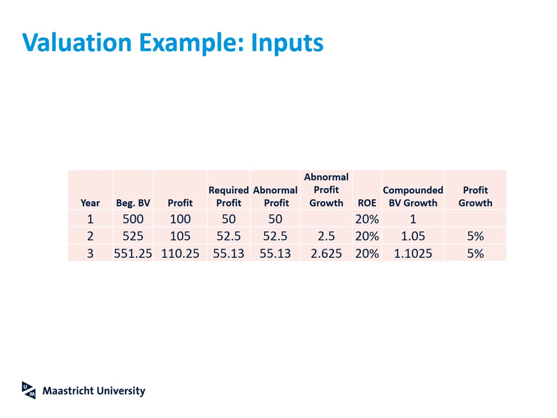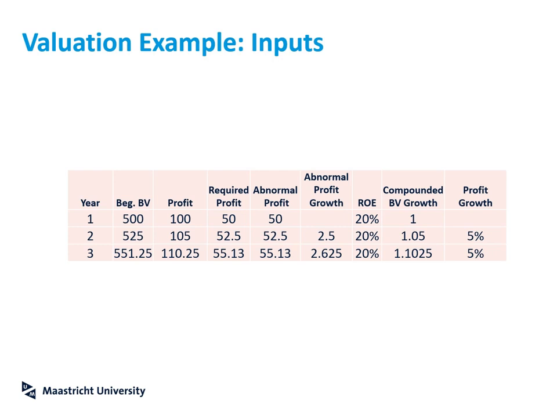In this case, there is no abnormal profit growth yet, because this is the first year in which we look at profit. The ROE is 20% because we earn 100 on a 500 euro investment. And there is no book value growth yet, because this is also the first year. The same is true for profit growth.